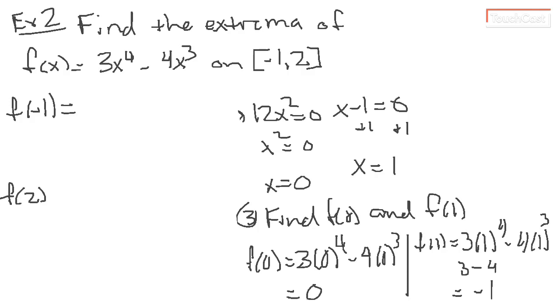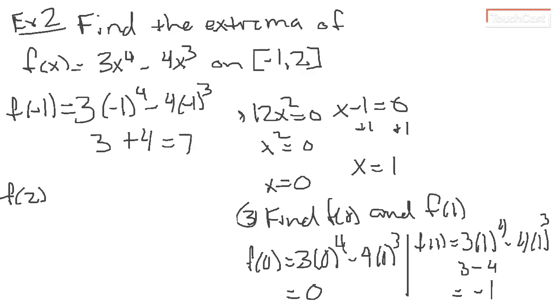So let's start with the negative 1. We're going to have 3 times negative 1 to the 4th minus 4 times negative 1 cubed. Well, negative 1 to the 4th is going to give us 1. So we're going to have 3 minus, negative 1 to the 3rd is going to be negative 1, times 4 is negative 4. So we're going to make this 3 plus 4, which is 7. And then we're going to also do this with 2.